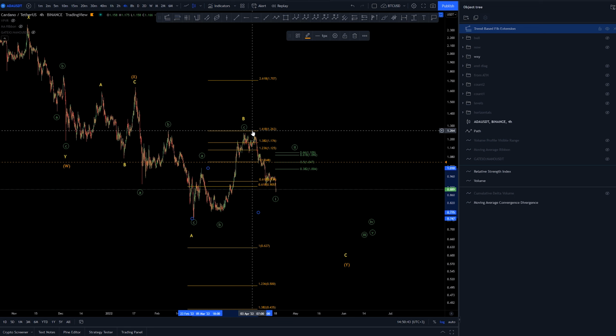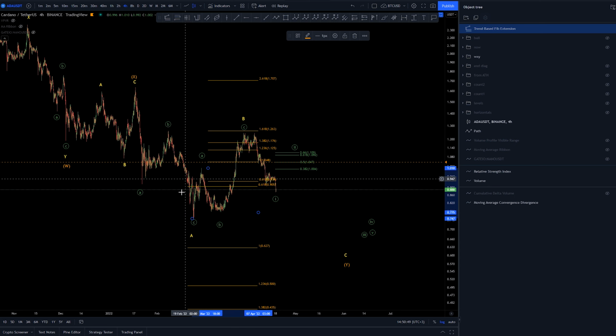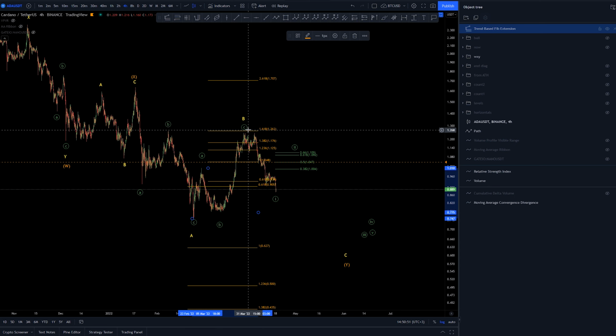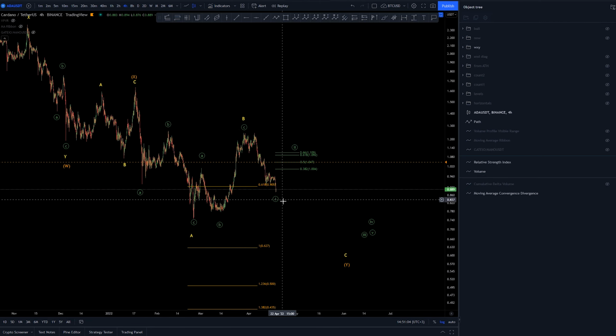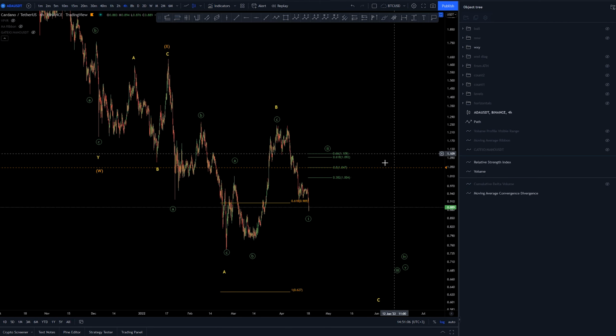But again, 1.618, and after that, we would most likely look into having this structure as a whole be something else than a C wave. The probabilities go up, being an impulse wave instead of a C wave when this area is hit. But again, we correct it downwards, so that's that.